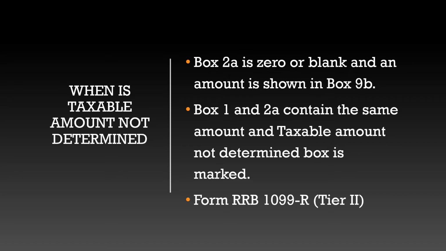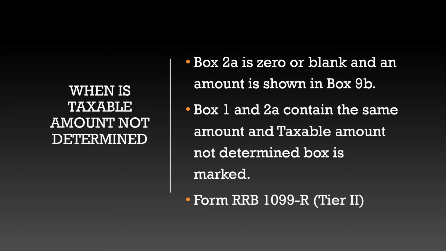It could also be that box 1 and 2A have the same amount, and the taxable amount not determined box is marked, and that's in box 2B. So if that taxable amount not determined box is checked, then you know that the taxable amount is not determined. If it's not checked, and box 1 and 2A are filled in with the same amount, that just means that the whole distribution is indeed taxable.